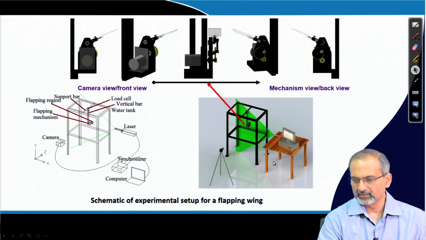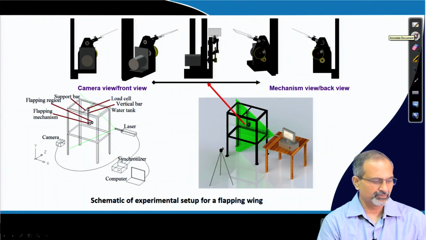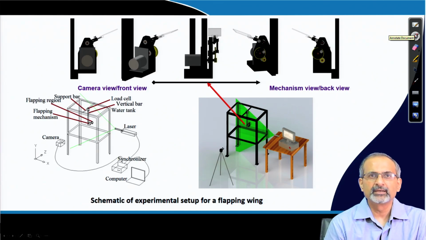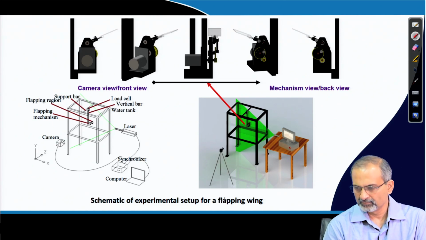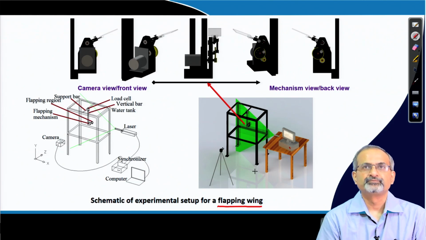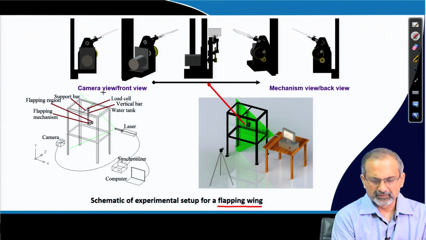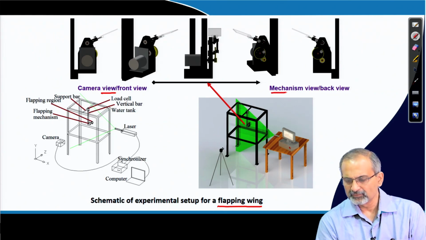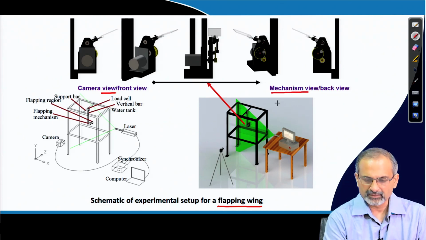Let us look at simple examples where all this is put together. So, here we are looking at an experimental setup for a flapping wing. There are different views available of the mechanism which is used for flapping a flat plate.